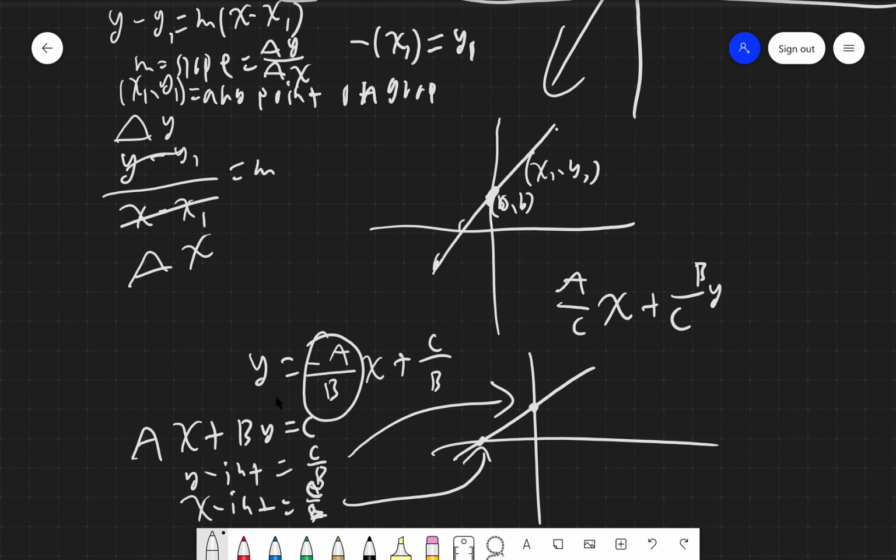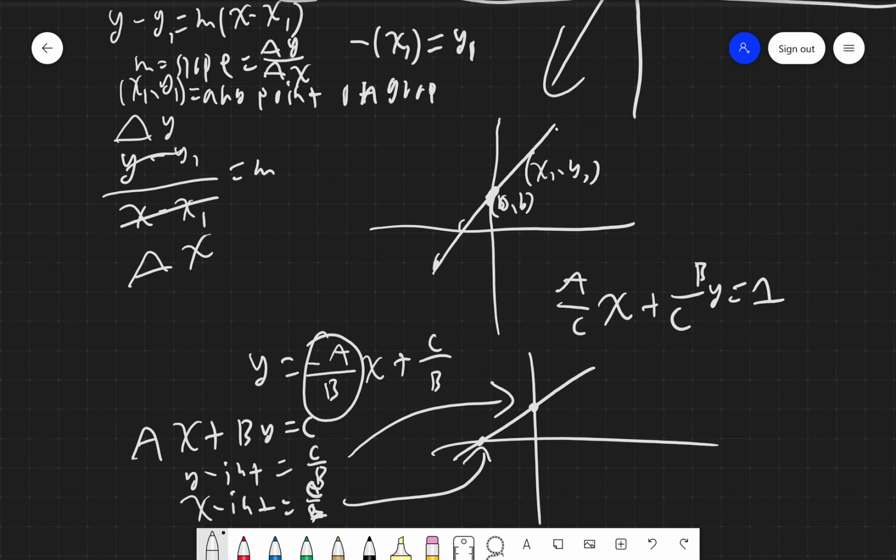Now a over c x plus b over c y equals 1. In this case, you can set x or y equal to 0, and it's going to be even easier to find the x-intercept and y-intercept, right?